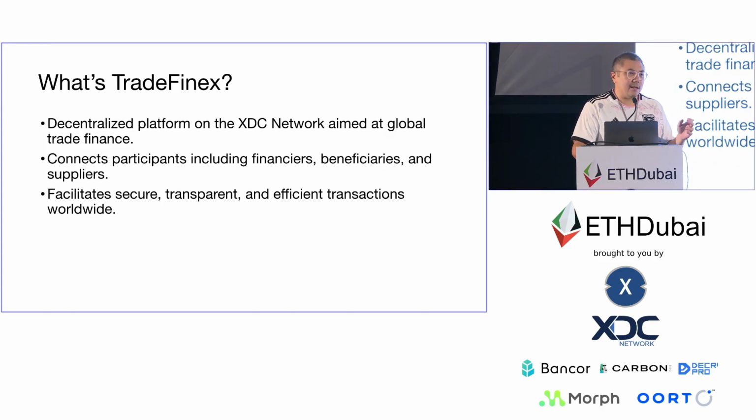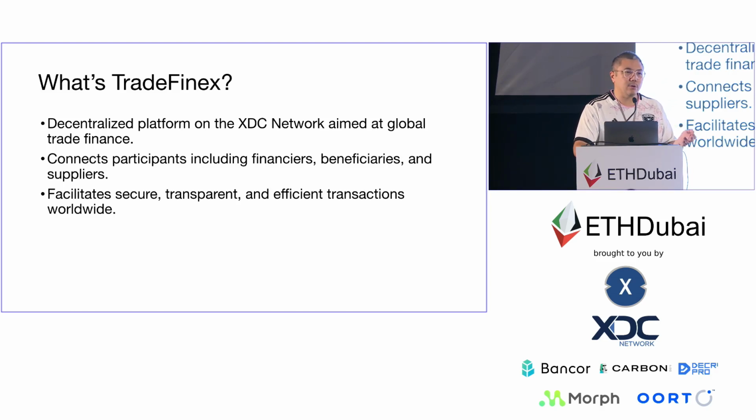It connects both exporters as well as the lenders. The main focus in terms of exporters is on the MSME market. The main reason why we are focusing on MSMEs is because they actually have higher costs of capital.